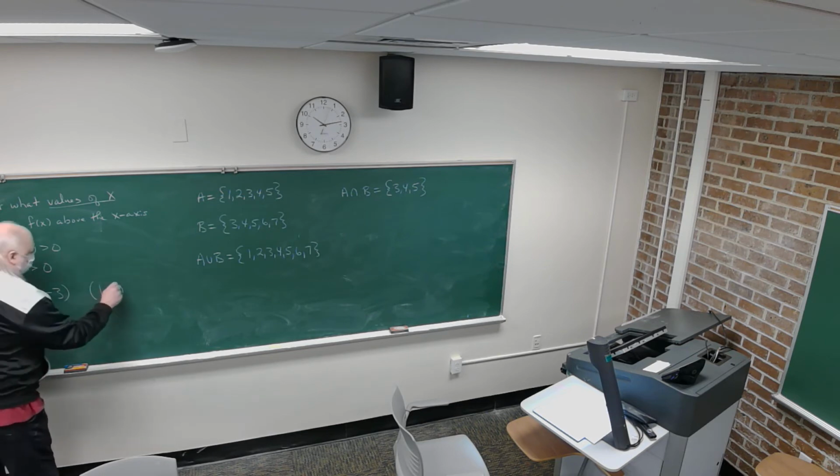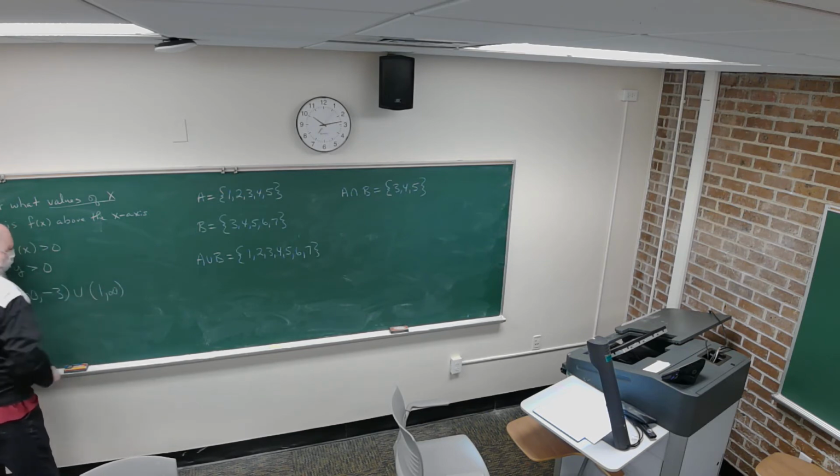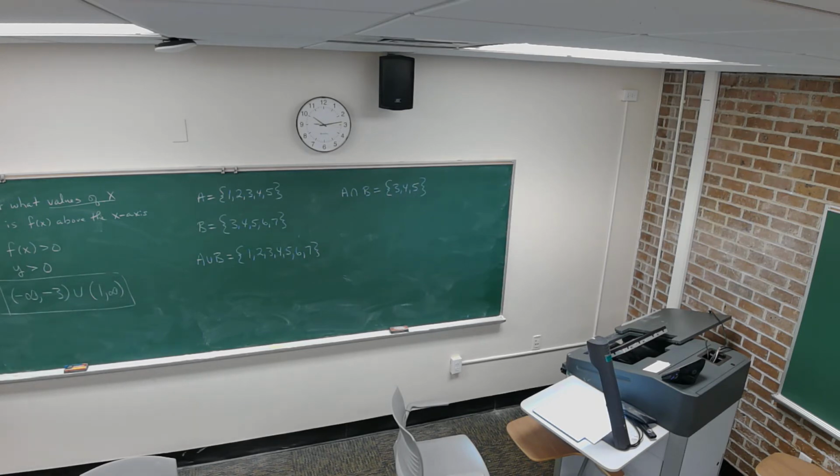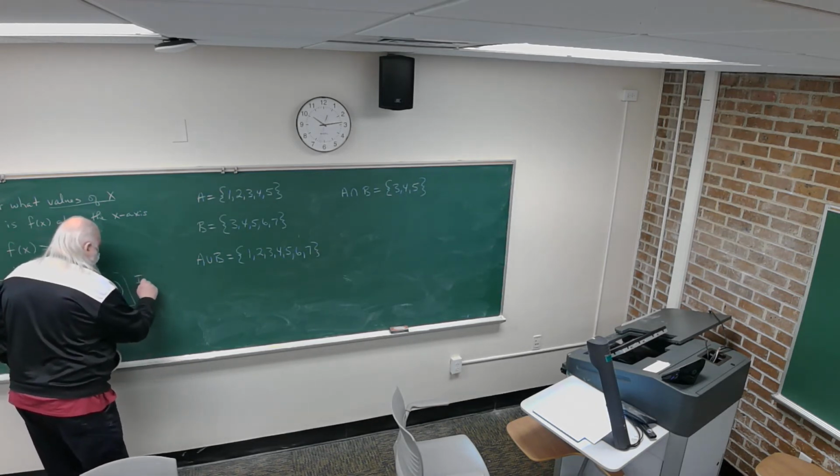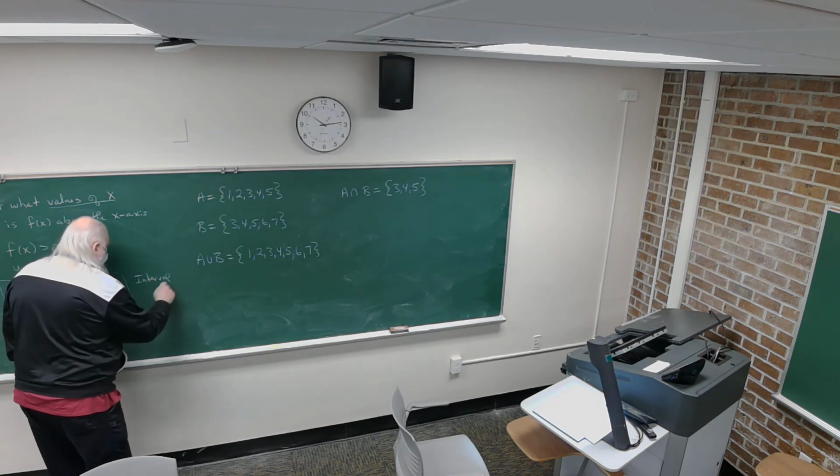And so to join those two intervals together, we use the union symbol. So this is the solution to this first part of the question. Okay? For what x coordinates, for values of x, are the function values greater than 0, strictly positive? So this is the solution in interval notation.